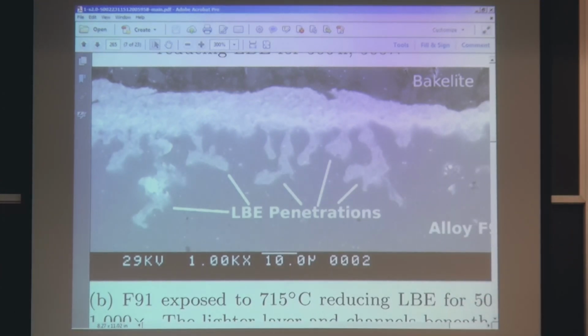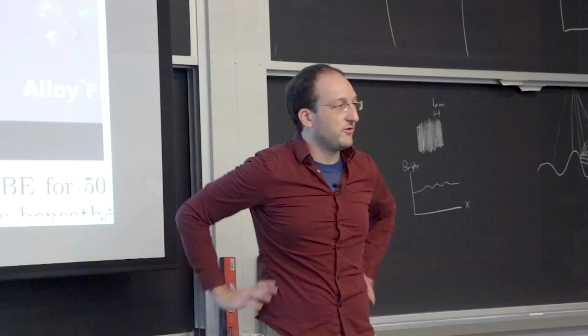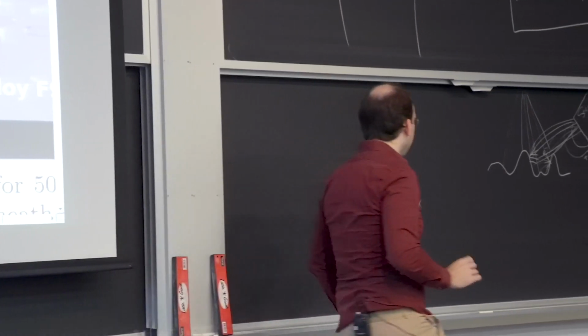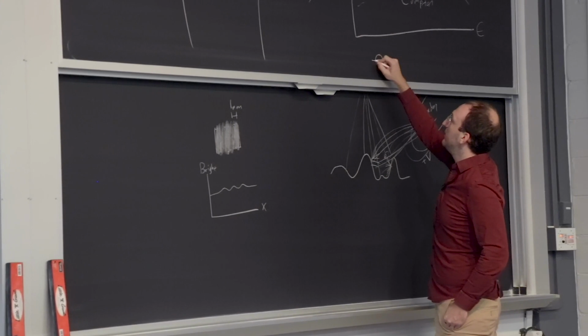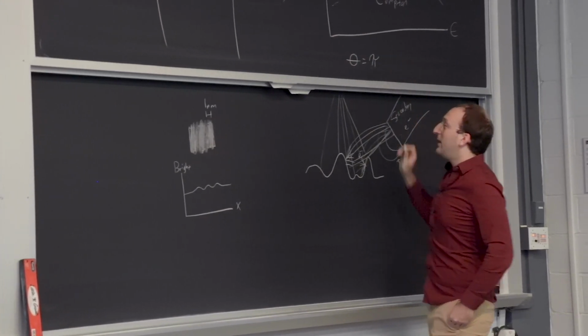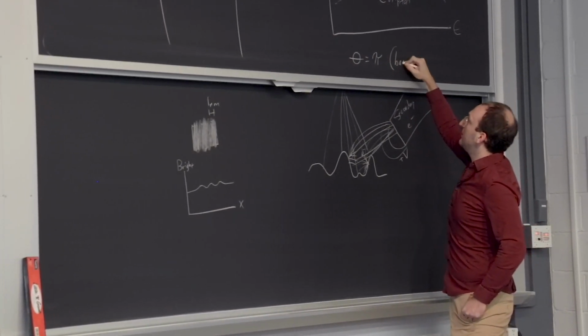And you notice a few different things. This image was taken in backscatter electron mode. Backscattering is, we've talked about this before, when you have a scattering event where theta equals pi. We call that backscatter.